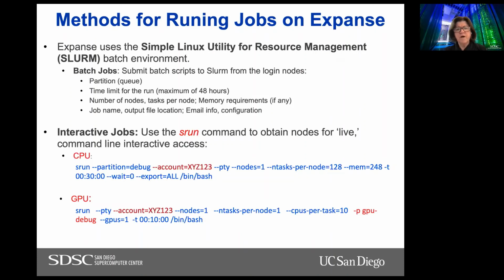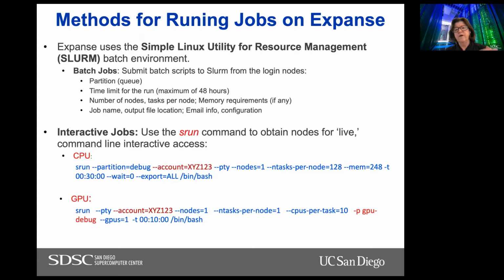You can run jobs using the Slurm scheduler, or in an interactive mode where you actually get a compute node, and you're logged on to the compute node, and you can run your code as though it's local. That's interactive. With Slurm, you make a script and submit it to the Slurm scheduler.